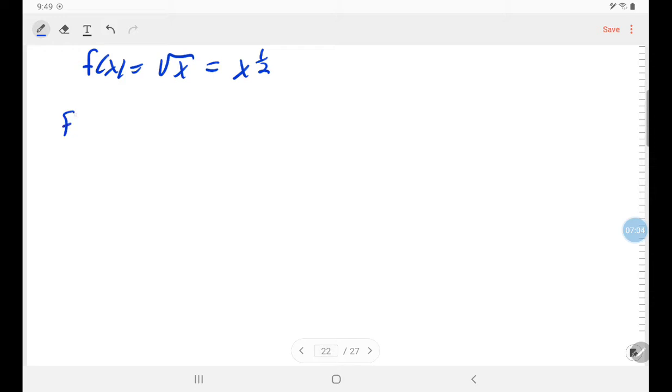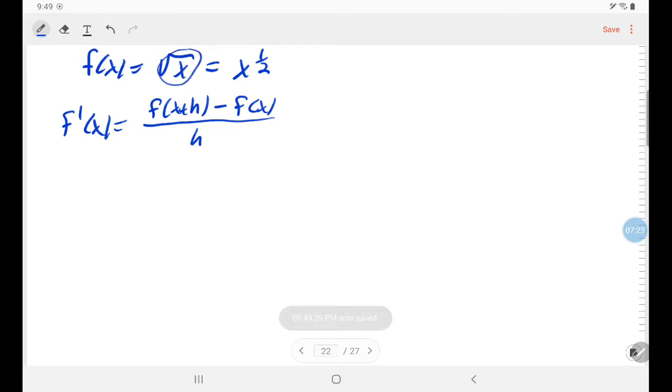So our f prime is going to be f of x plus h minus f of x all over h. I think I'm just going to leave it here in the square root form, and if needed we can use the 1/2 power.